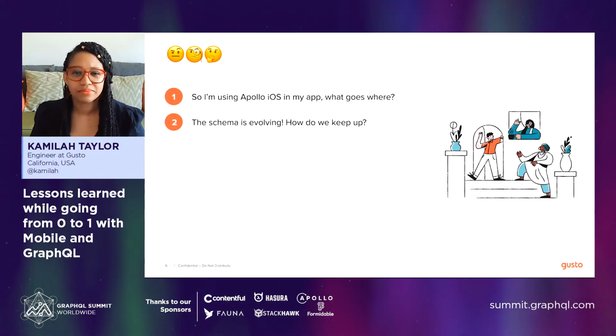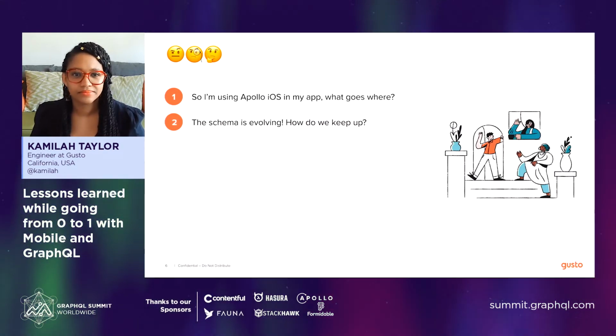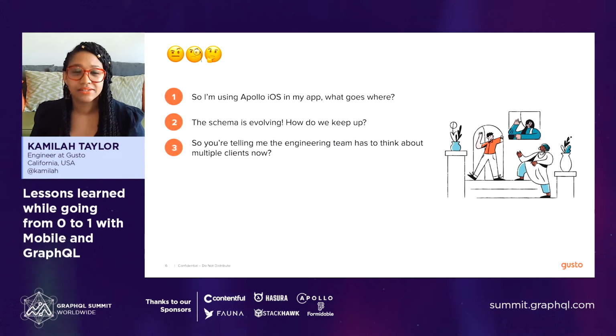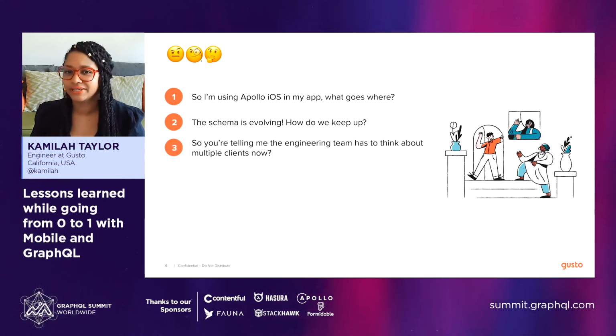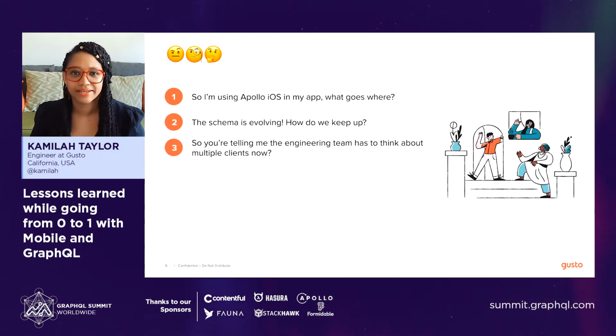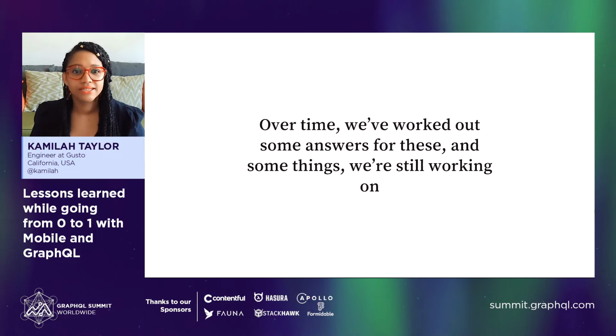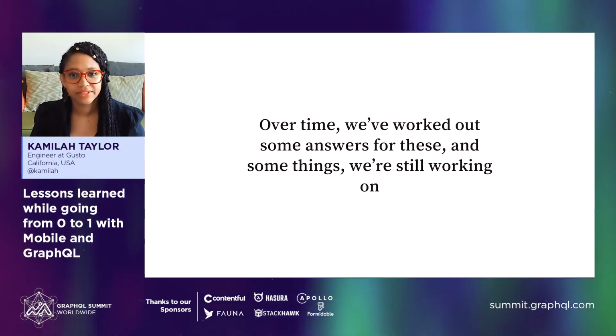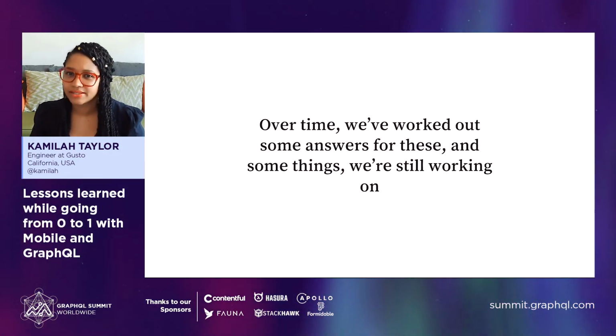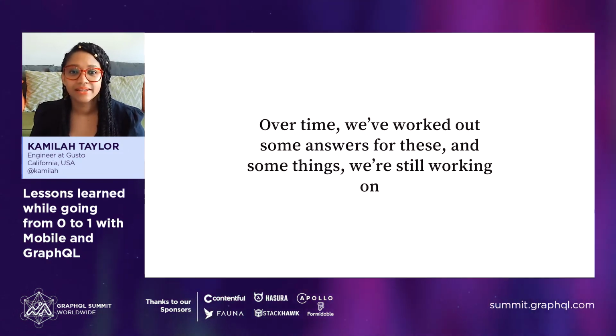How do we keep up in a not painful way? So you're telling me that the engineering team now has to think about multiple clients? What does that look like? Over time, we worked out some answers for these, and to be honest, there's a lot we're still working on. But today, I'd like to talk about some of the solutions we've already found.